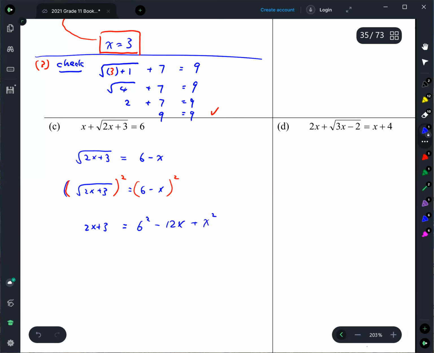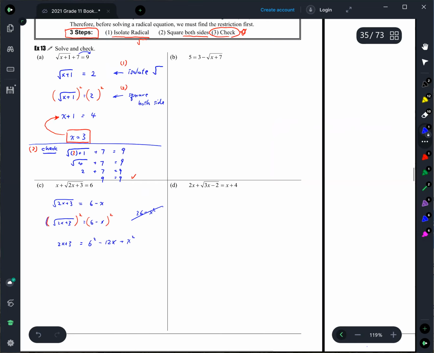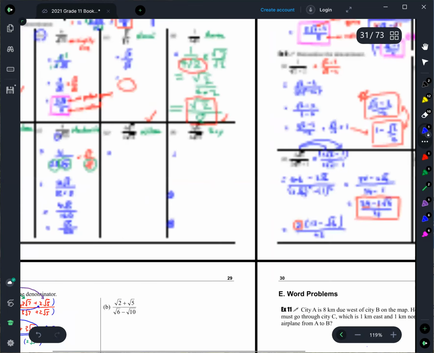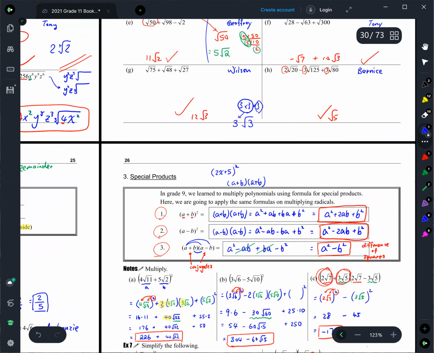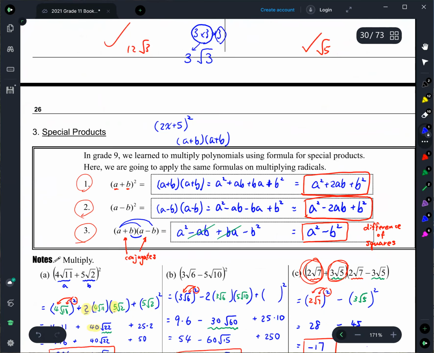Right-hand side, a common mistake is to just square each one, which makes it 36 minus x squared. This is wrong. For the right side, when you square, you need to use the special product that we covered last time. Remember, we reviewed the 3 formulas.